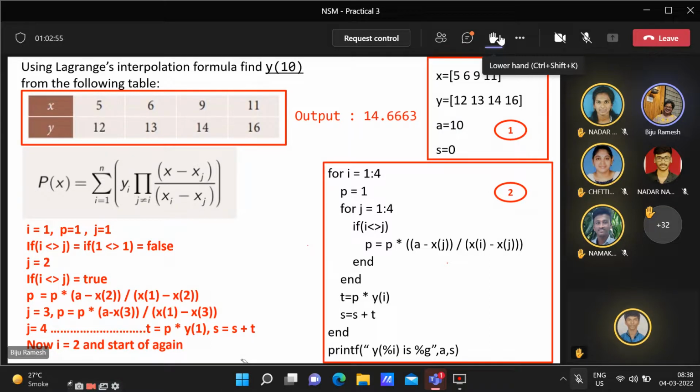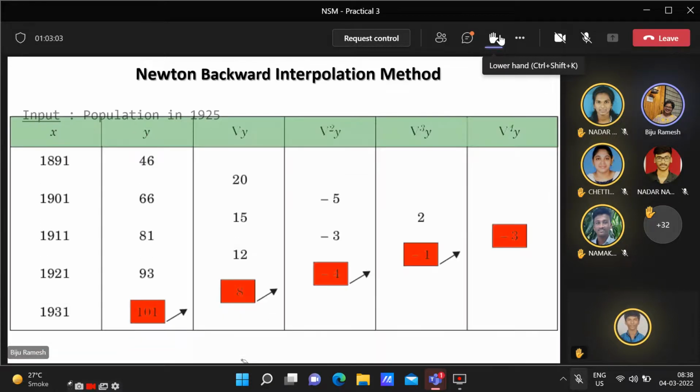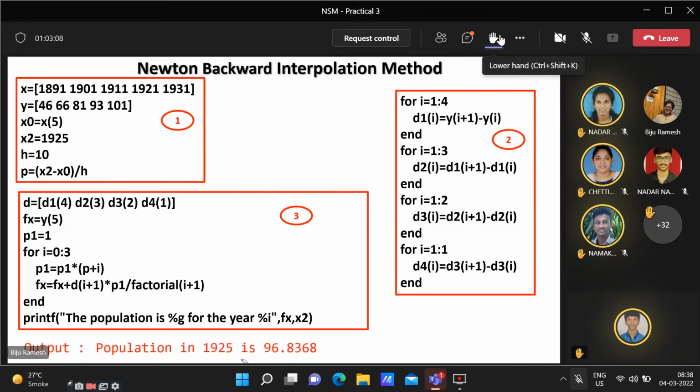Have you taken the screenshot? Yes, ma'am. Taken. Done. Now you go for the Newton backward screenshot. Done?